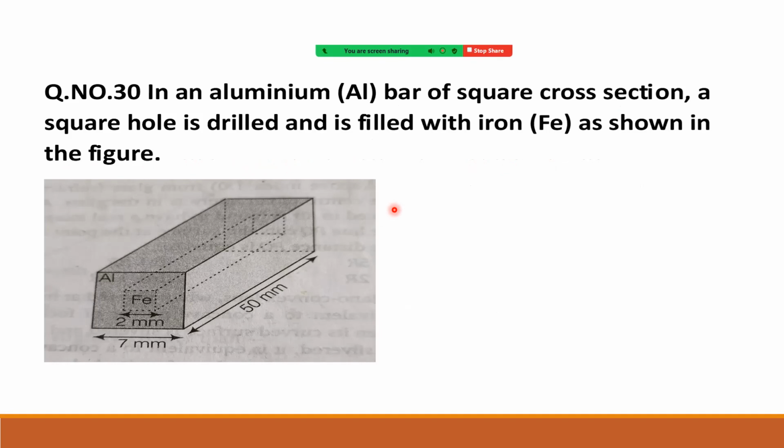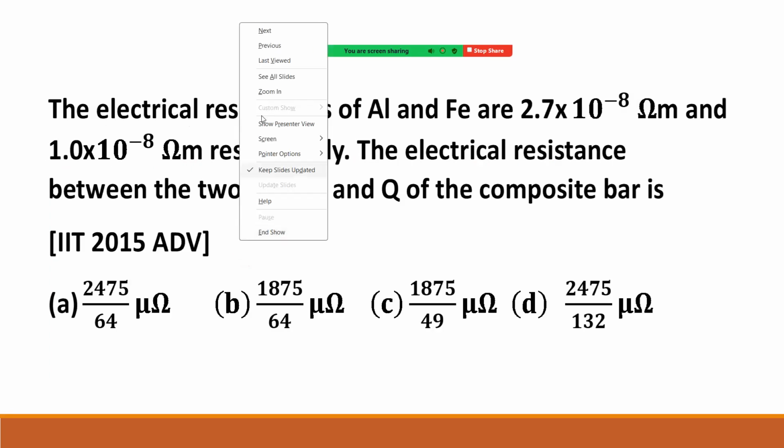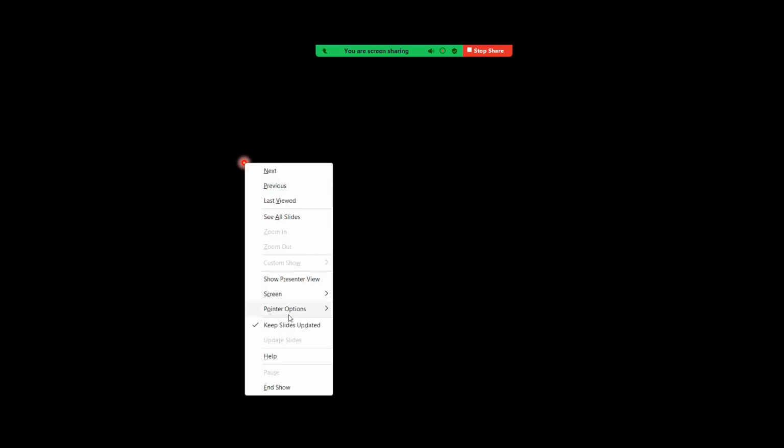So first we can say from diagram, both are now parallel combination. So effective value is 1 by R equal to 1 by R1 plus 1 by R2, right? Then see carefully. It is just a matter of making calculation. Resistance R equal to rho L by A. Okay, now we are taking up resistance of aluminum.